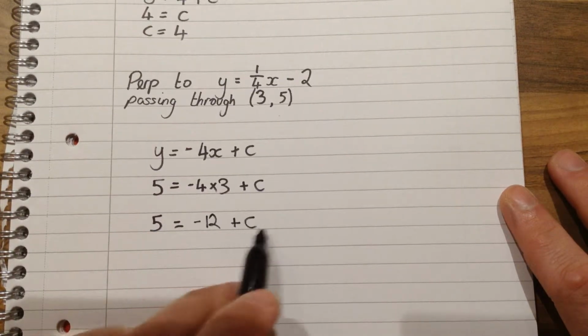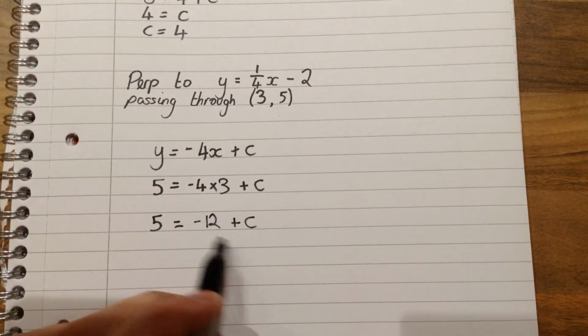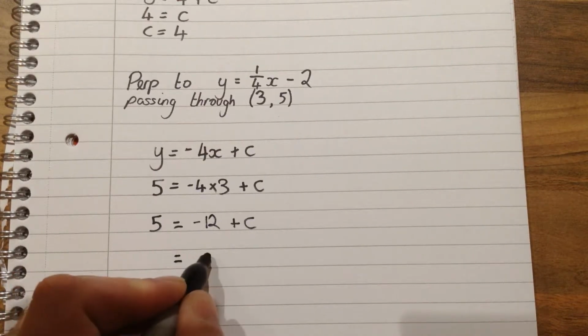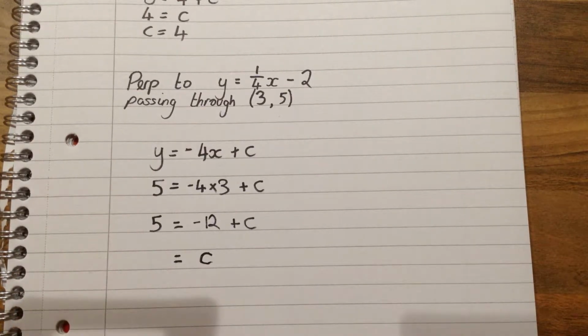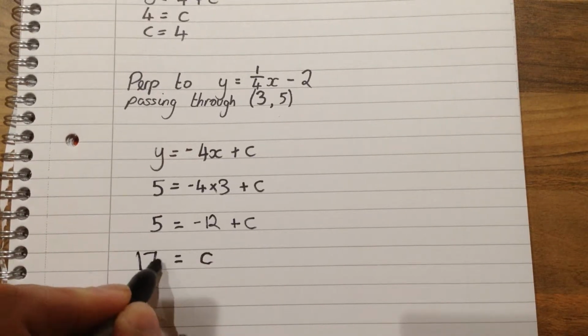So if I'm trying to find c, or get c on its own, I'm going to have to do the opposite of this minus 12. Opposite of minus 12 is plus 12. So if I add 12 to both sides, that'll give me c. Add 12 to this side, gives me 17.